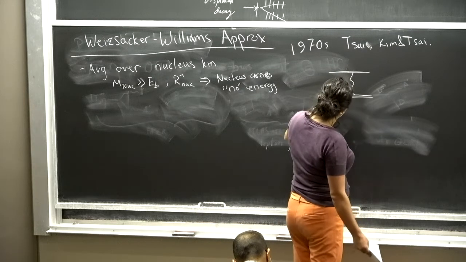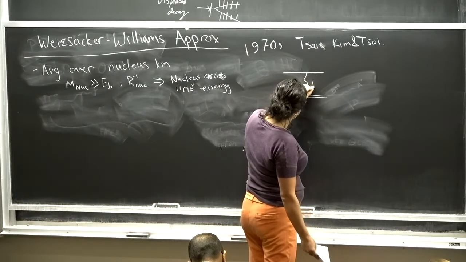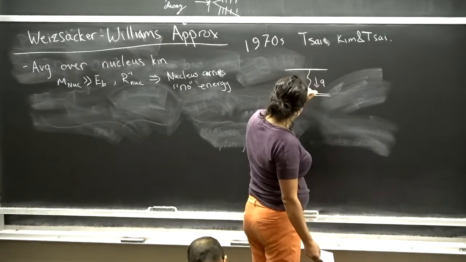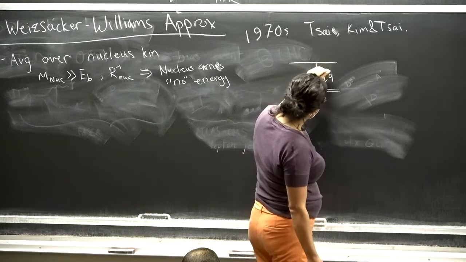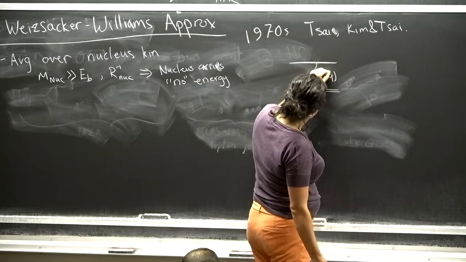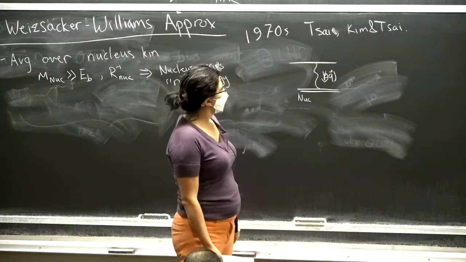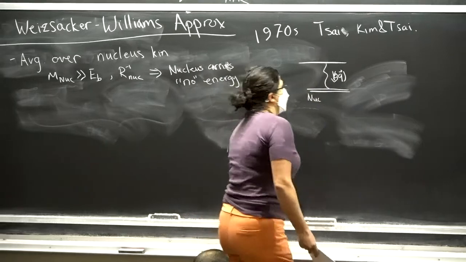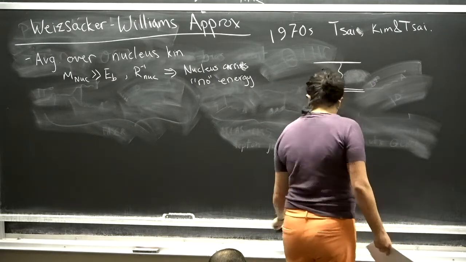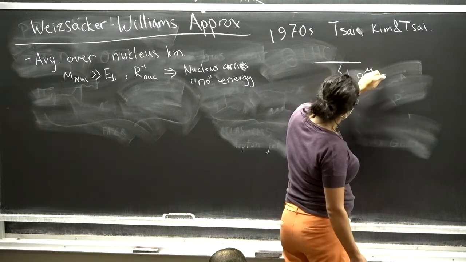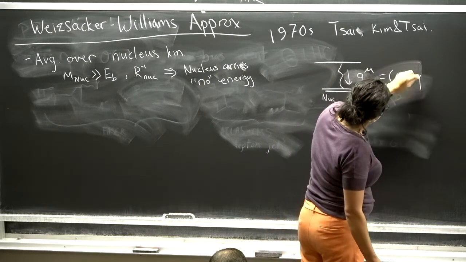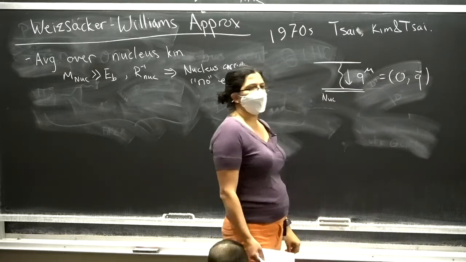Which means that in this diagram here, this momentum transfer Q to the nucleus is purely spatial, right? Sorry. So this is some momentum transfer Q mu, which is (0, Q).